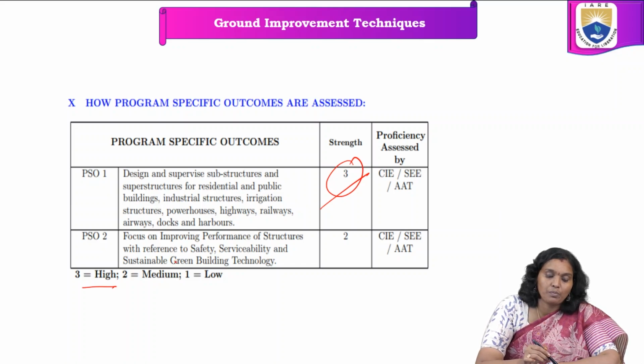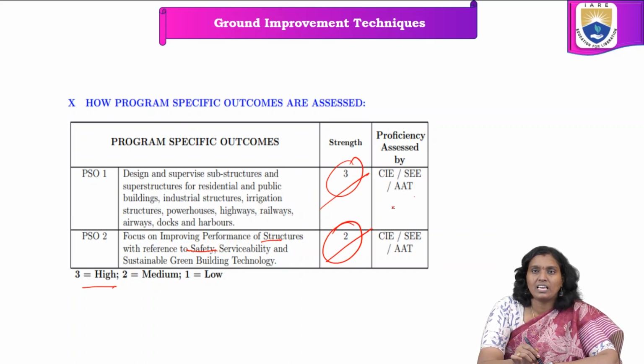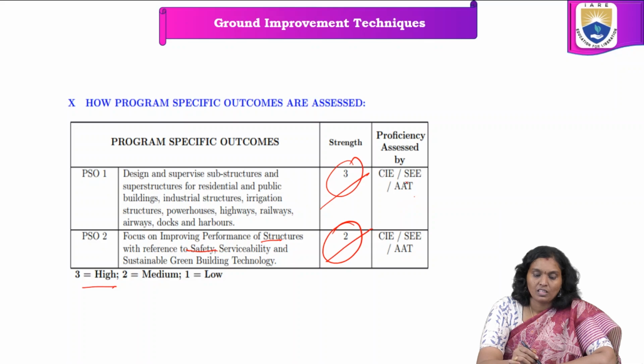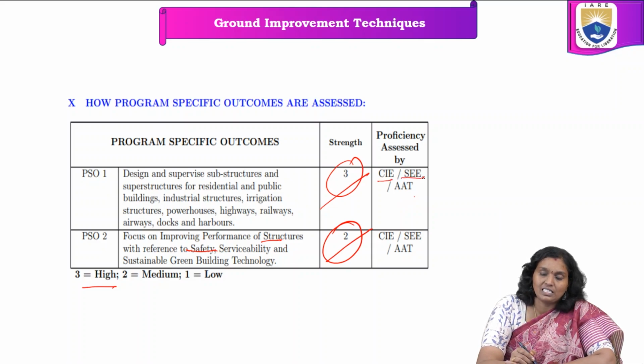PSO2 focuses on improving performance of structures with reference to safety, serviceability and sustainability, green building technology. It comes under 2. These are assessed in CIE, SE and AAT. CIE is continual internal examinations, SE is the semester end examinations, and AAT is the tool which we use for assessing as part of the CIE.